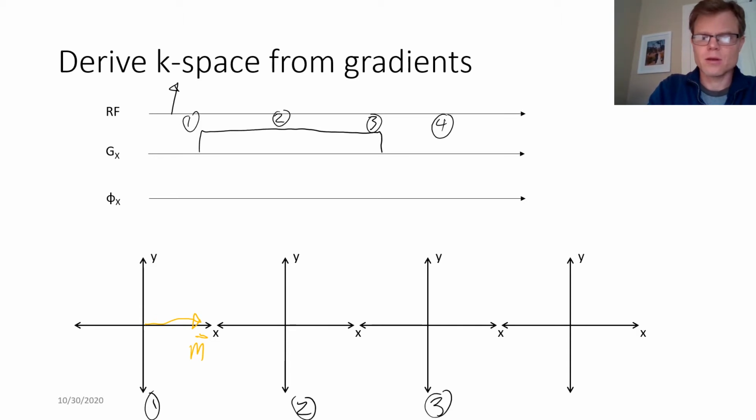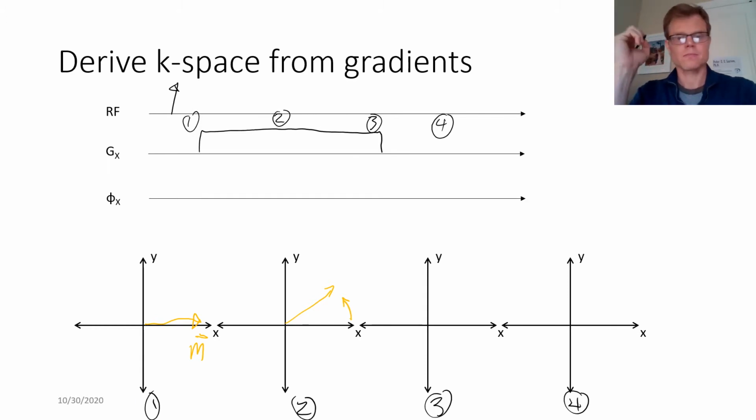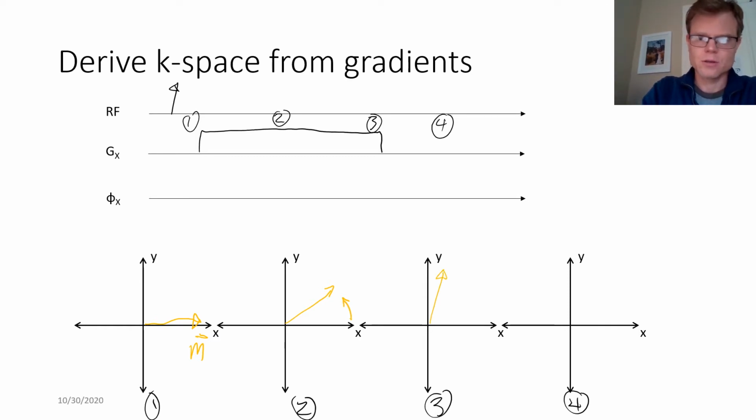Then, as you recall from our discussion of frequency and phase encoding, during the magnetic field gradient there's going to be a frequency offset, so some net phase accumulates and the net magnetization experiences some rotation. In this picture, the gradient continues to be on, so it will continue to experience rotation.